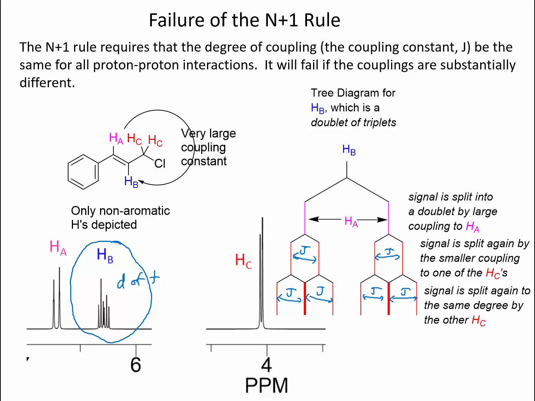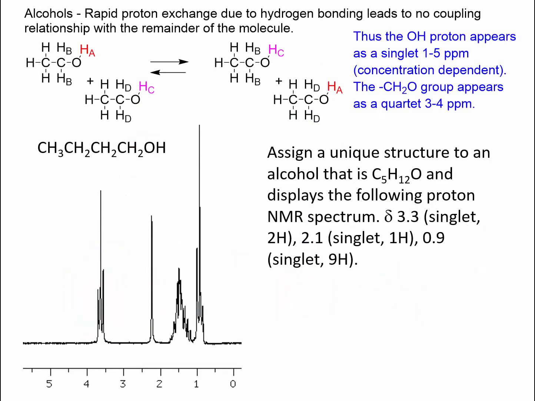So that's why we have this more complex pattern. Again, if a molecule doesn't follow the n+1 rule, I'm not going to have it as some unknown that you have to assign the structure for. All right, here's another complication, alcohols.